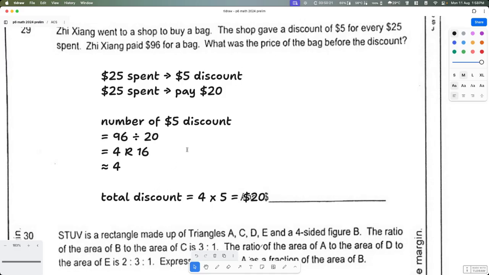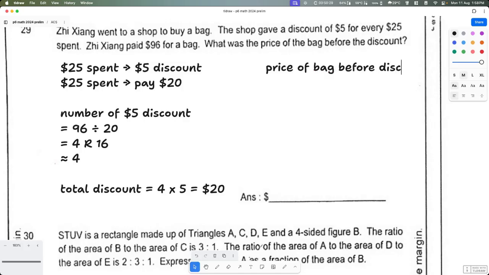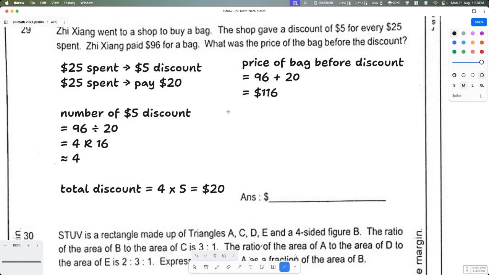So her total discount was $20. Then the price of the bag before discount is equal to 96 plus 20, which gives us $116. All right, that's the answer to this question. So it's $116. All right, let's move on to the next question.